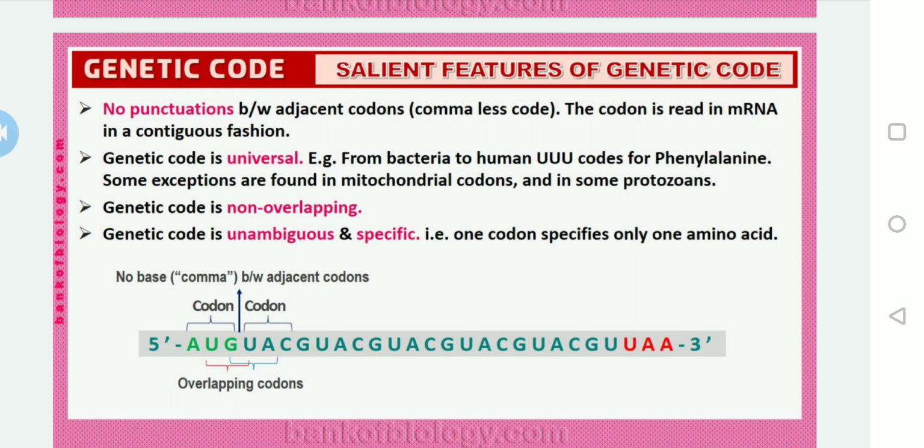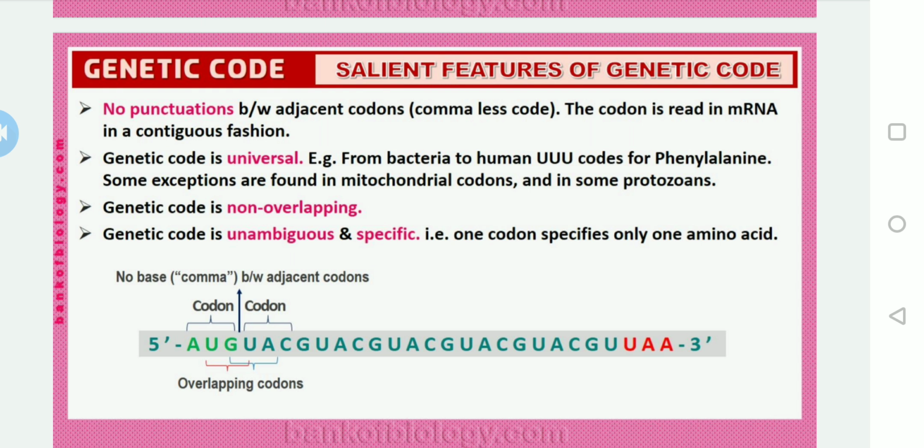That means one codon specifies only one amino acid. For example, AUG is a codon that codes only for the amino acid methionine. These are all considered features of the genetic code.